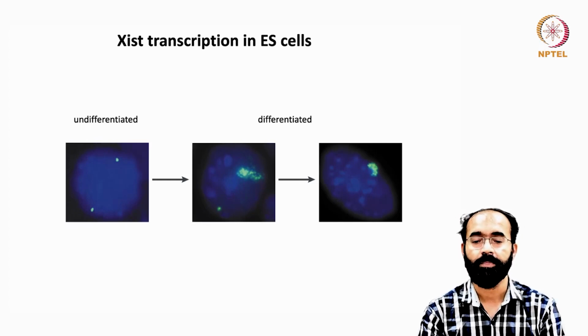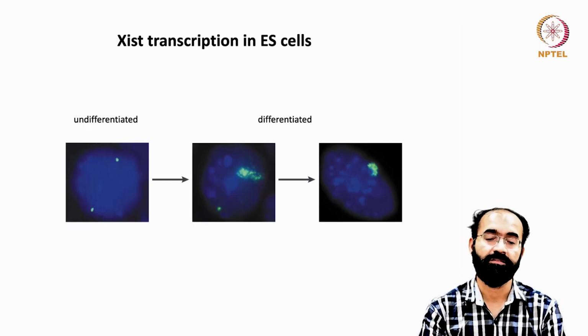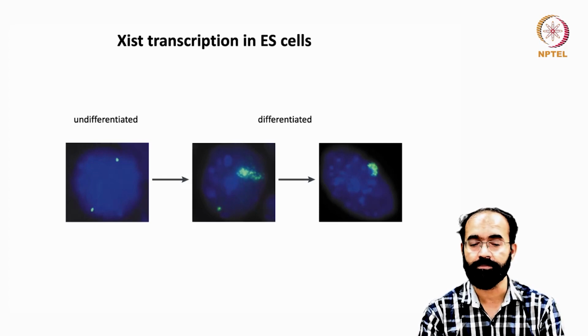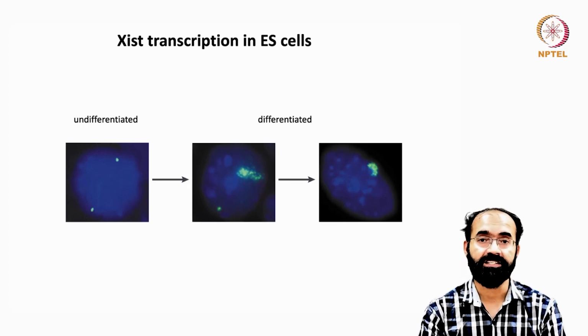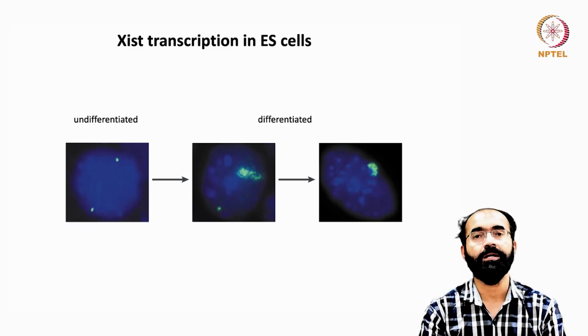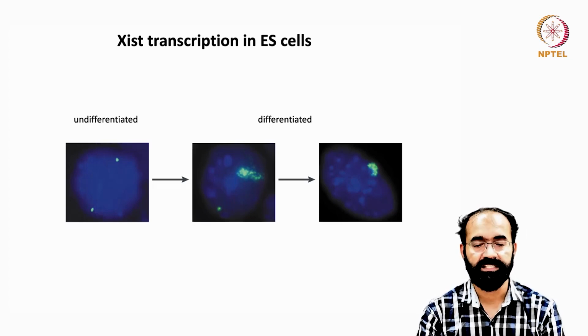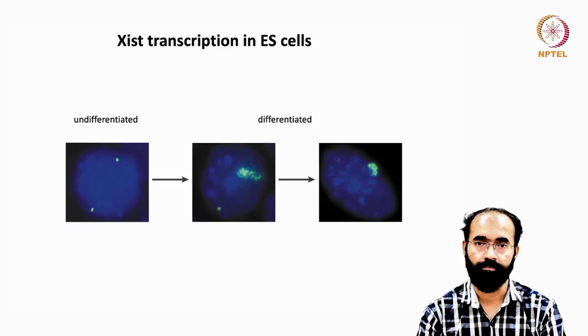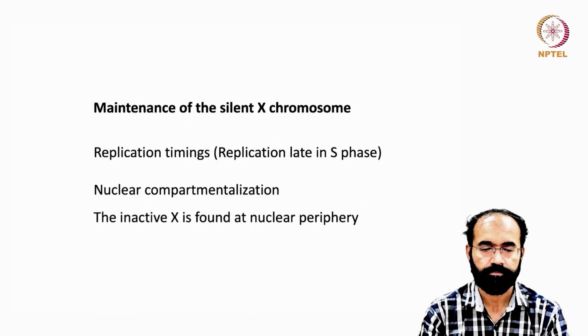So eventually the one with a high level of Xist will remain inactive. The one with low or nil expression, which is supposed to be somewhere here, is missing. Xist expression missing means it is an active chromosome. You can prove this by fluorescence in situ hybridization. It's a very powerful technique used in RNA biology.